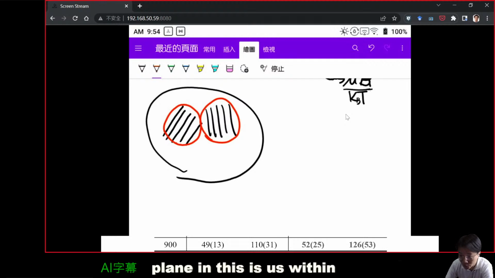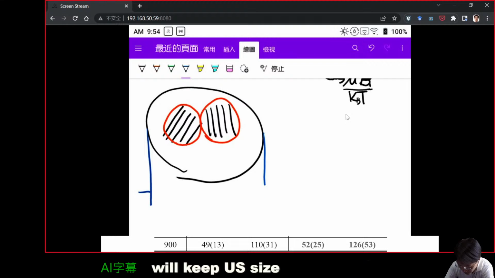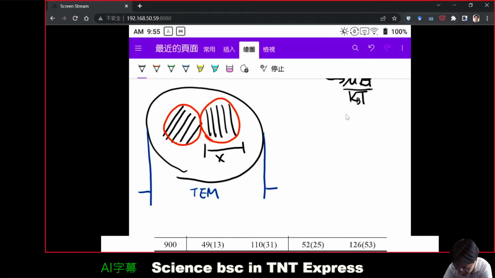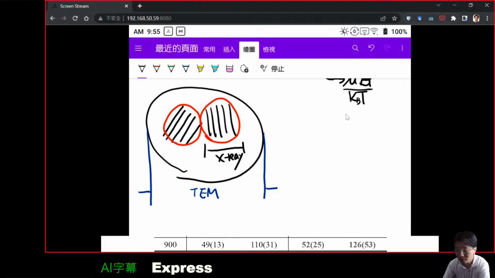The TEM result will give you this size, which would be seen in TEM, but the X-ray would detect the size like this. So sometimes you will find the size determined by X-ray is relatively smaller than the TEM one.